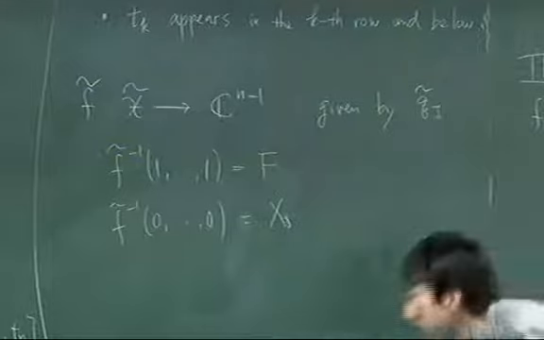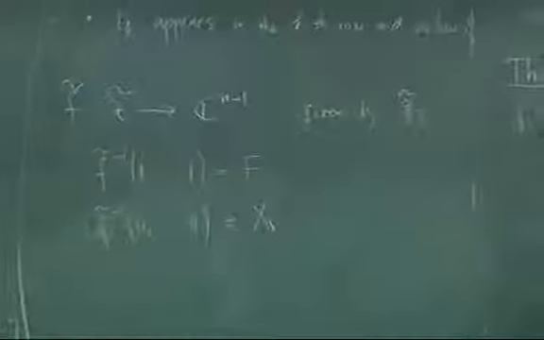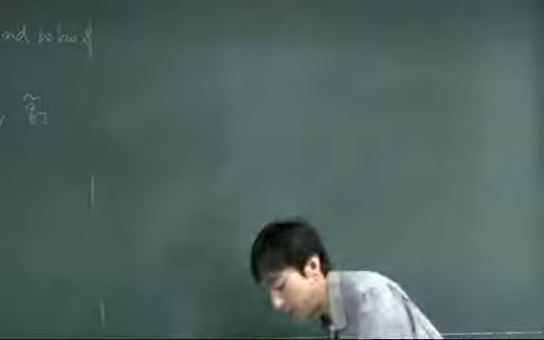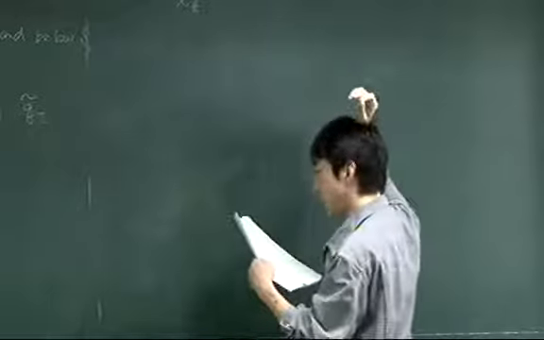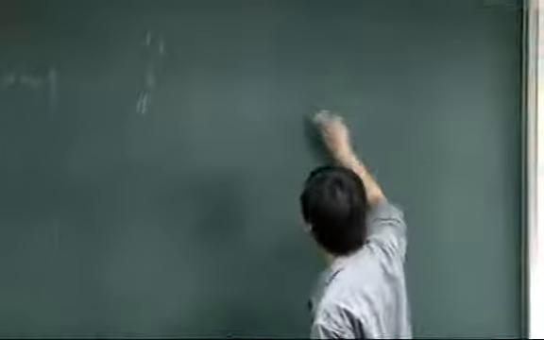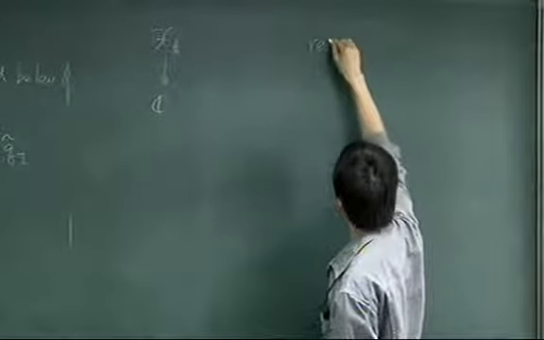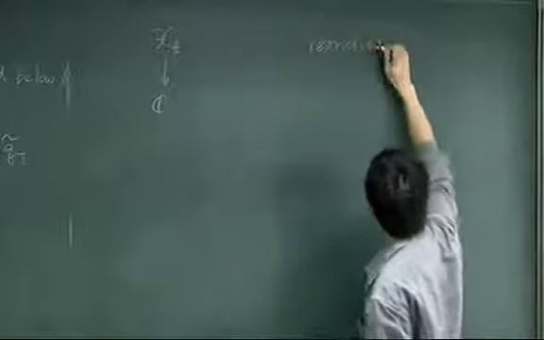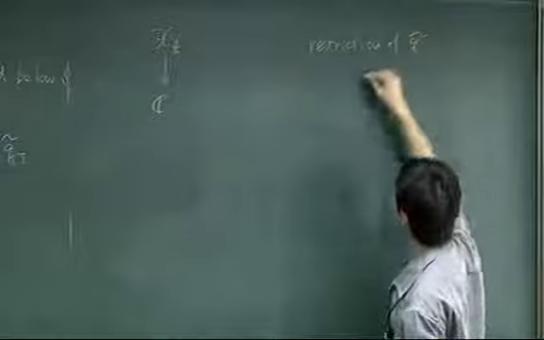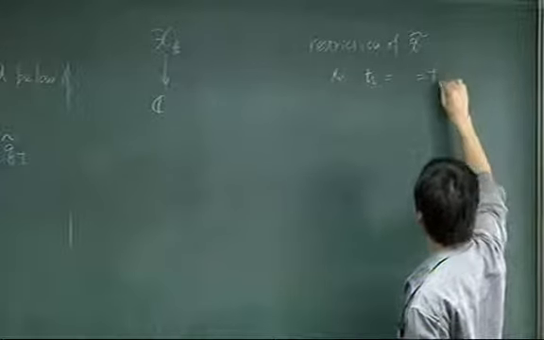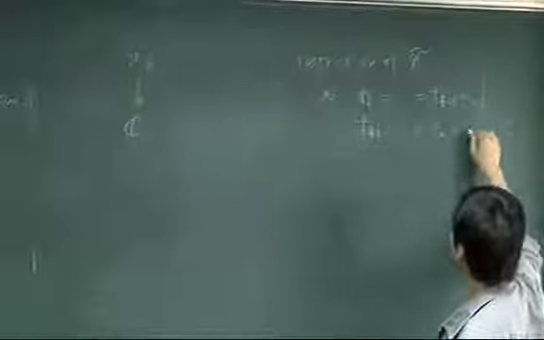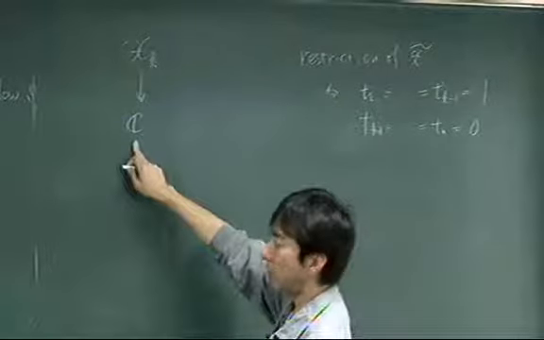And the point here is that if we define x sub k to be the restriction of x tilde to T2 to Tk minus 1 equal to 1, and Tk plus 1 to Tn equal to 0, this corresponds to the family with parameter Tk.